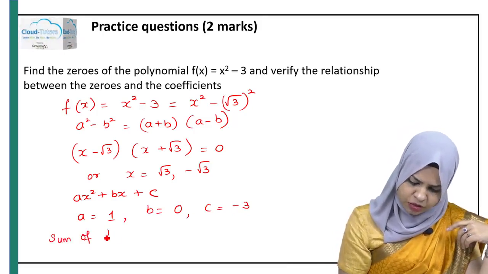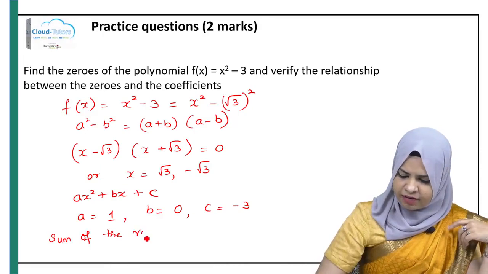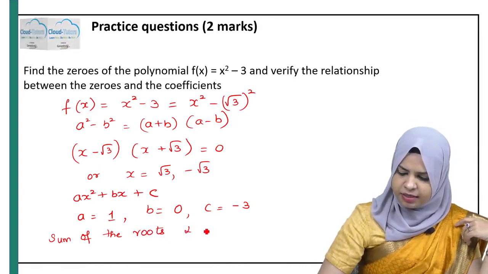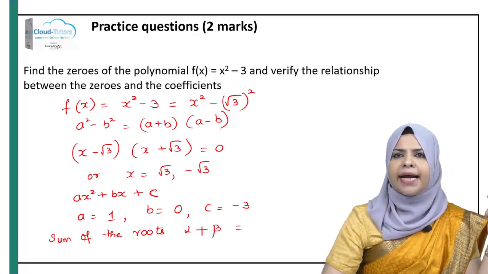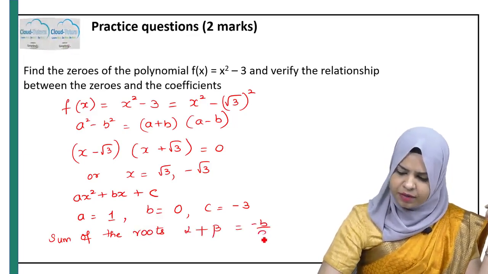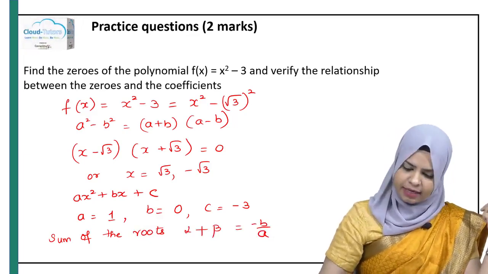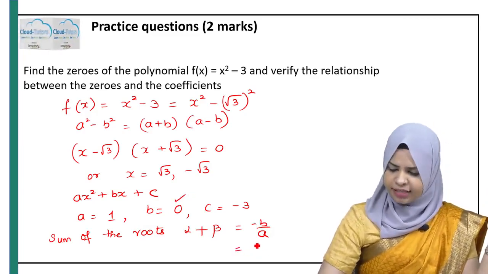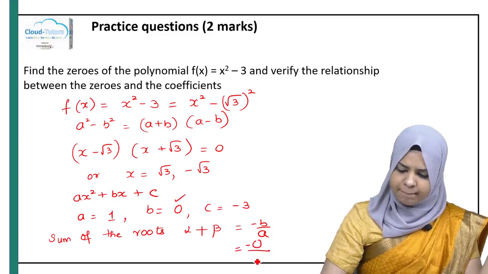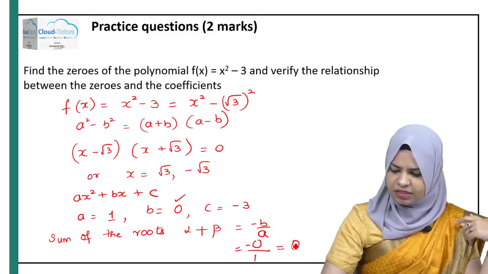What is the sum of the roots? That is alpha plus beta. Alpha plus beta is equal to what? Minus b by a. Let's substitute the value. B is 0, so minus 0 by 1, which is nothing but 0.